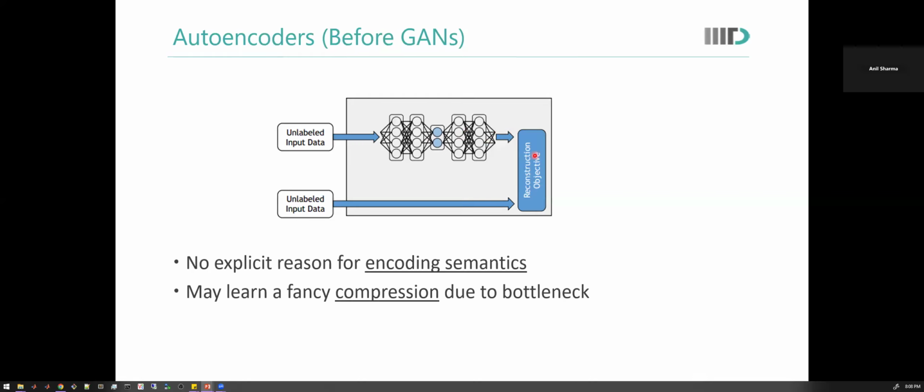So there was a reconstruction objective, for example mean squared error loss, where we used the same data as the ground truth and the generated data as the output, and tried to minimize the reconstruction loss between the two. This lower dimension representation was used for applications in dimensionality reduction.